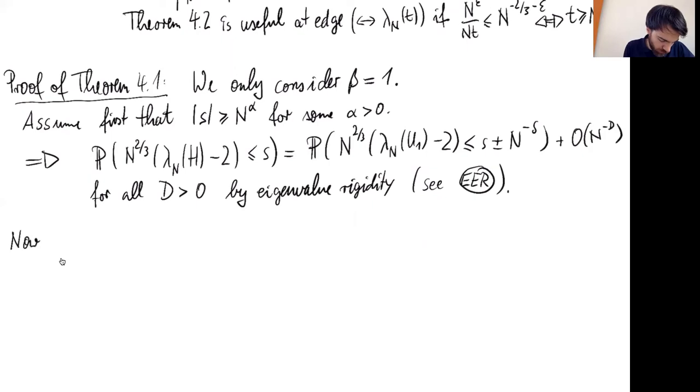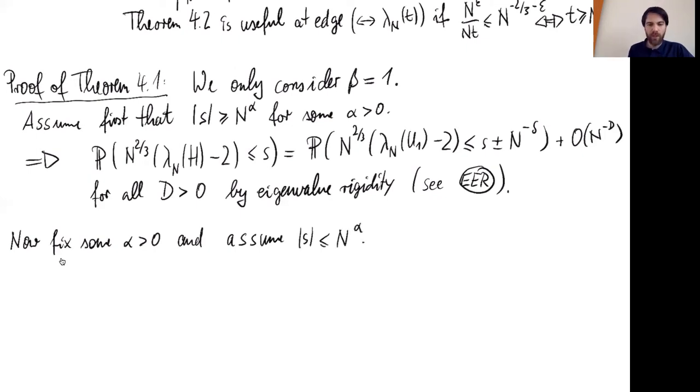So we now fix some positive alpha, and we assume that in absolute value, s is smaller than n to the alpha. Of course here I should have said, this holds for both signs of s.